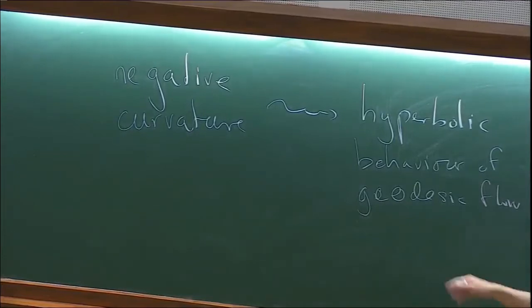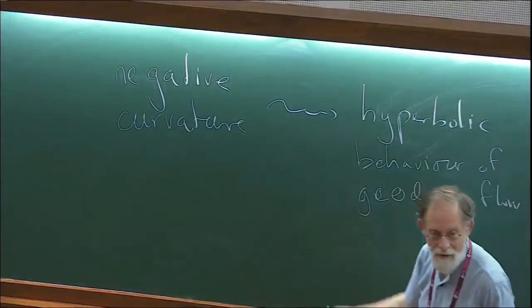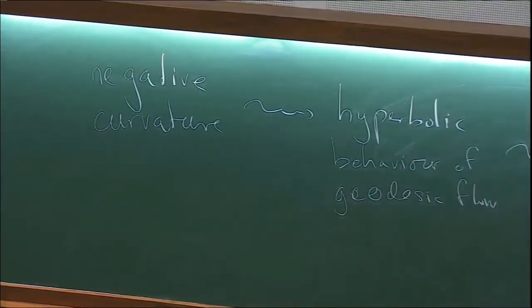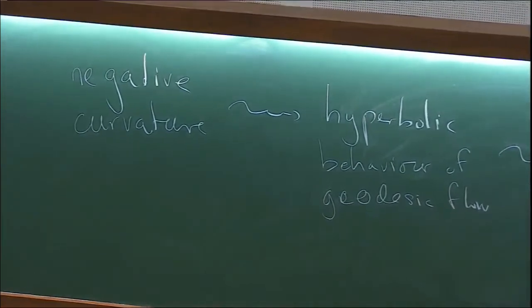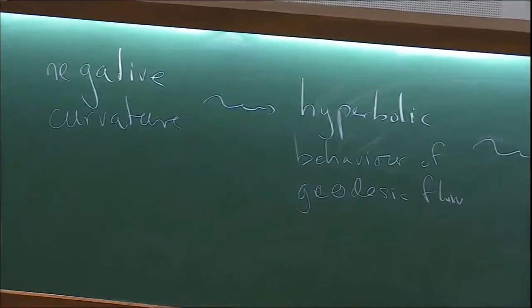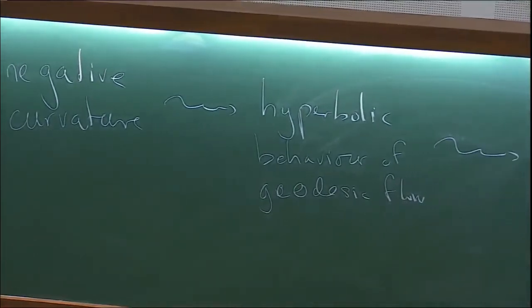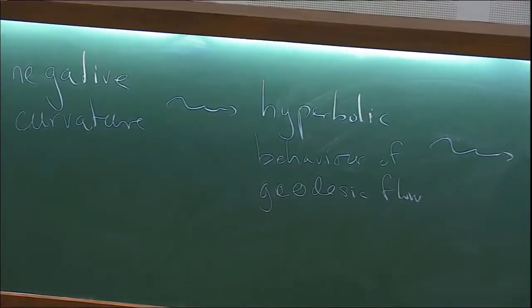This first step always happens. This step, not necessarily always. It's not so easy. Okay, so that's the nature of all of the proofs. And eventually the idea is to carry out this scheme for the Weil-Petersson geodesic flow. But let's start with the beginning. I will explain some of the words here.